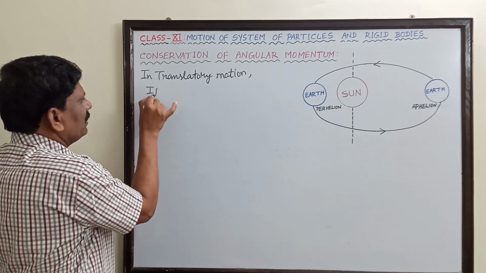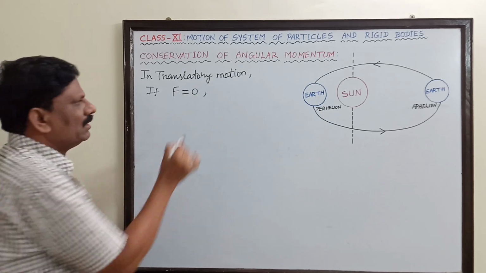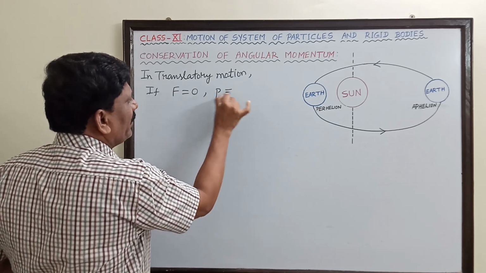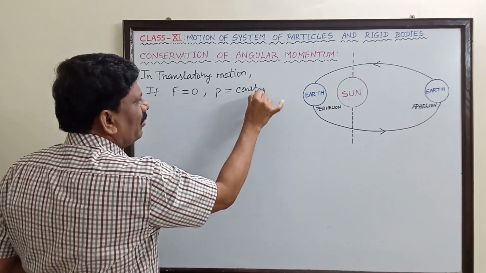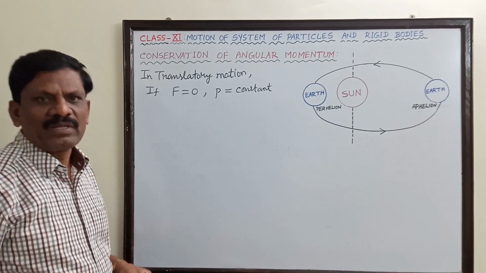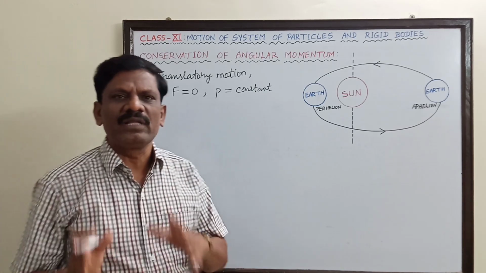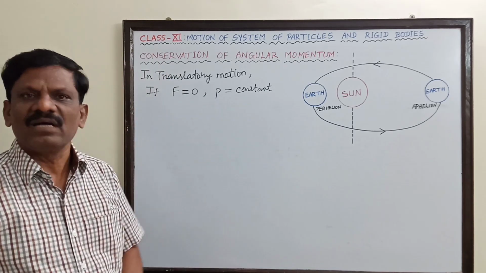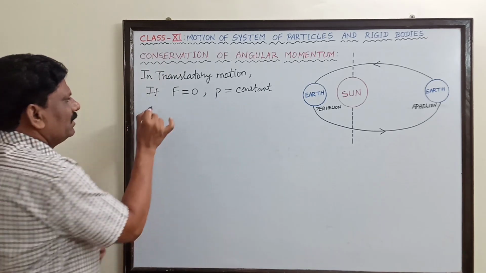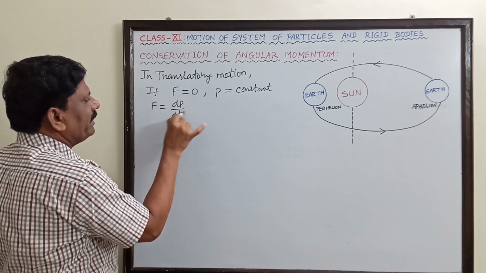If the external force acting on a system is 0, then the total momentum P total remains constant, both in magnitude as well as direction. So in the absence of an external force, the total momentum of a system of colliding bodies will be a constant, and F is equal to dP divided by dt.